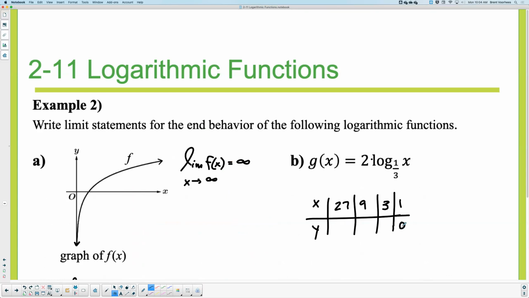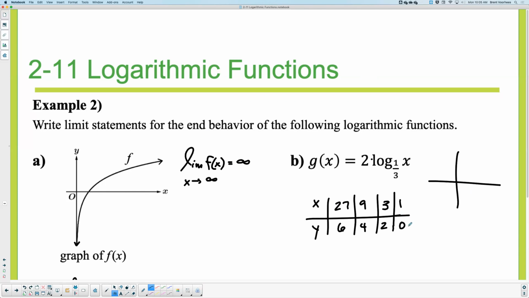Now, as we go backwards, these would be decreasing by 1 as well, except they're multiplied by 2. So instead of actually subtracting by 1 each time, we're actually going to be subtracting by 2, I believe. So what number minus 2 is 0? 2. So as I go backwards, it would look like adding. This would be 4. This would be 6. Okay, what would that look like as a graph?